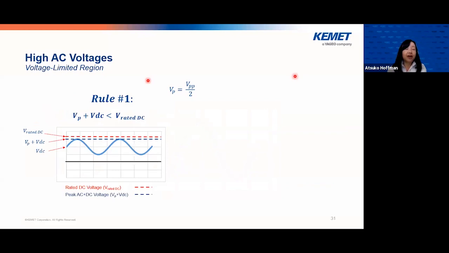So here are some rules. Number 1, peak voltage plus your DC voltage must be less than the DC rated voltage of the MLCC. This is basically AC voltage superimposed on a DC voltage.